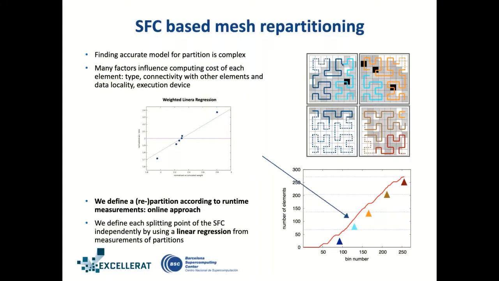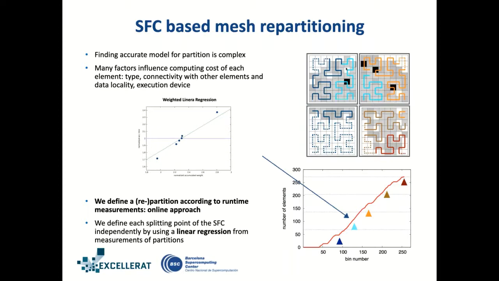The load balancing is related with tuning the splitting points of the SFC, right? The idea is to do this repartitioning at runtime because in complex problems, we generally have seen that basing the partition on a weighting model for each mesh element, for instance, it's difficult to get an accurate model.